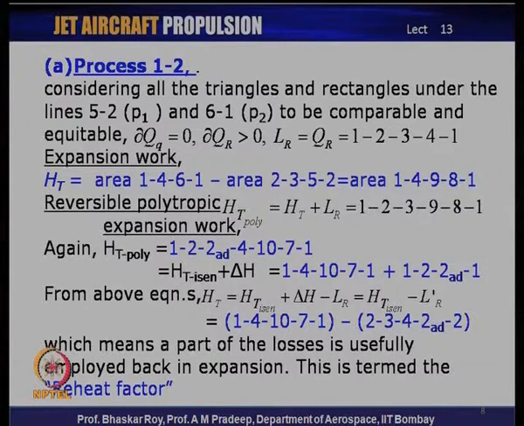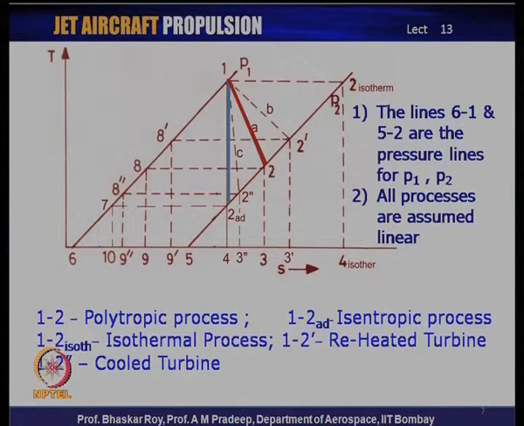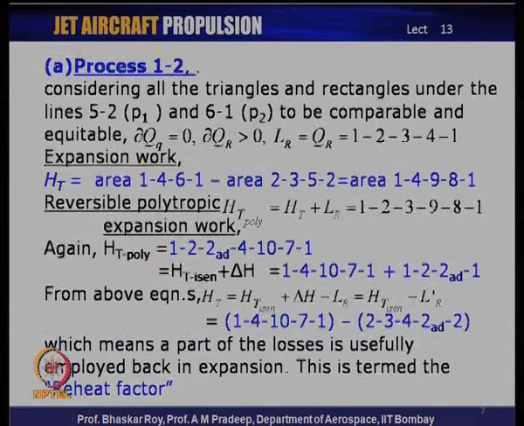Now, the reversible polytropic expansion work H T polytropic is H T plus the losses, and that is 123,981. That is the total amount of work being performed, including the losses, which as I said earlier is 12341, and as a result these rectangles and triangles give you the reversible polytropic expansion work.